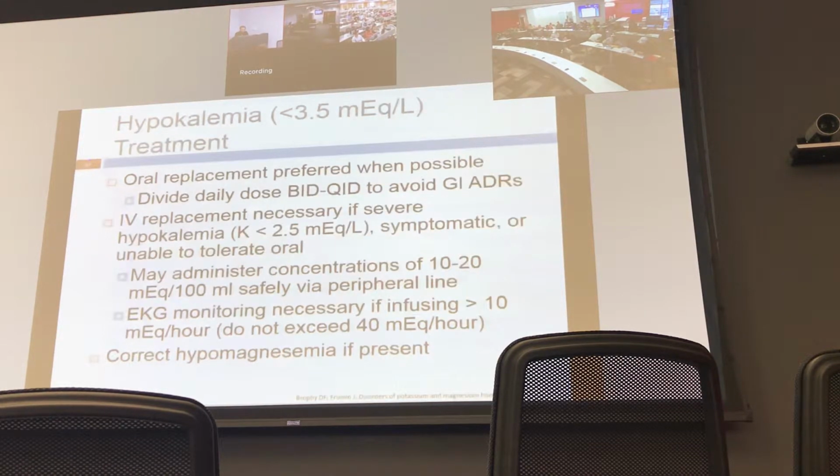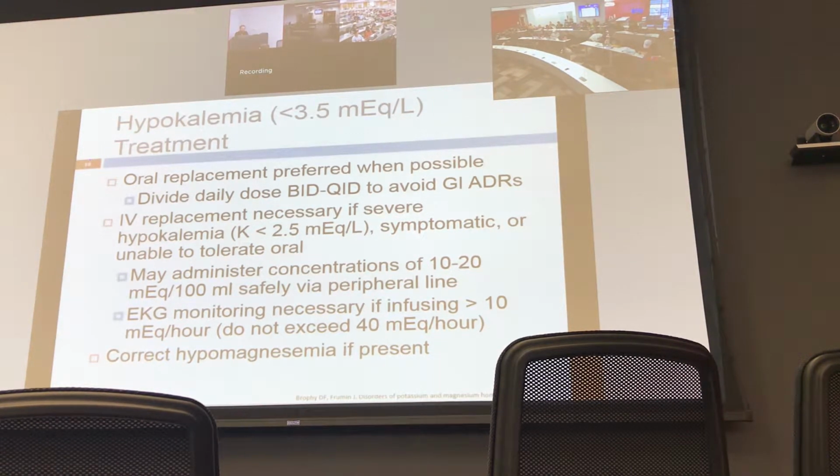Treatment is potassium replacement. So if the patient's not symptomatic, give oral replacement because it is less urgent. However, you do have to divide it up so that you can avoid all of the GI side effects that come with potassium replacement. If the hypokalemia is very severe, so less than 2.5, or the patient is symptomatic, or they're not able to tolerate the oral potassium, then you can give it intravenously.